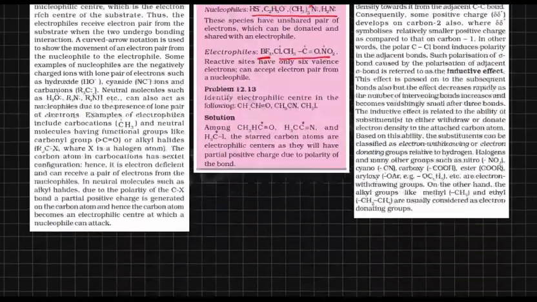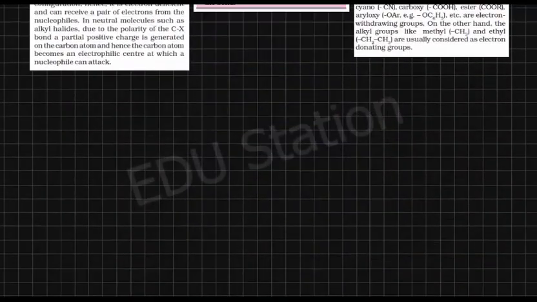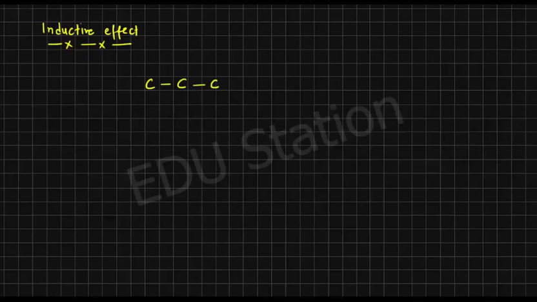Now, let us come to the next topic: inductive effect. In the inductive effect, first of all, this is a permanent effect. Let us say this long carbon chain is connected to chlorine.